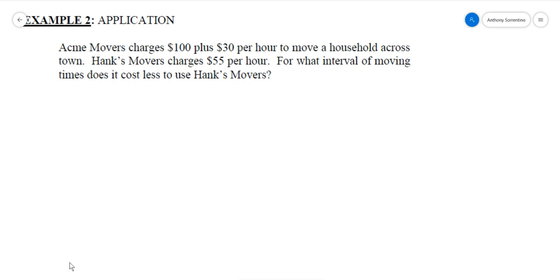So the way they're asking this question, for what interval of moving times does it cost less to use Hank's Movers, I'm looking for instances where Hank is less than Acme.